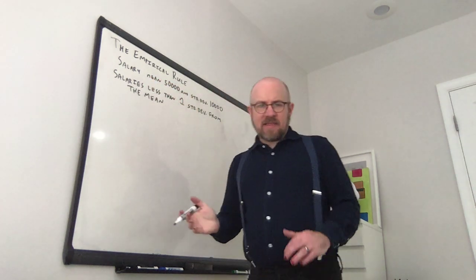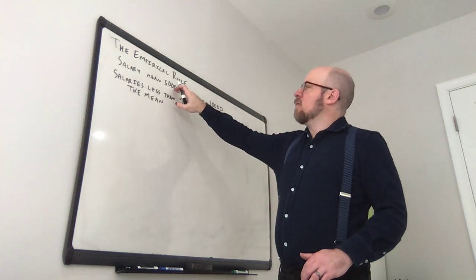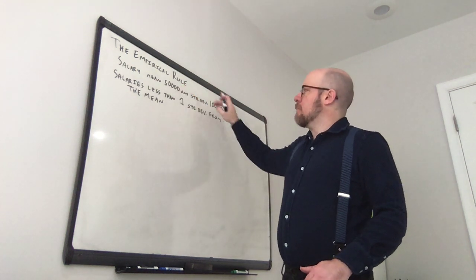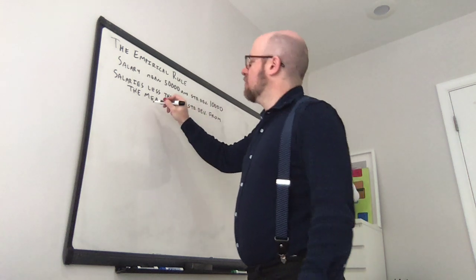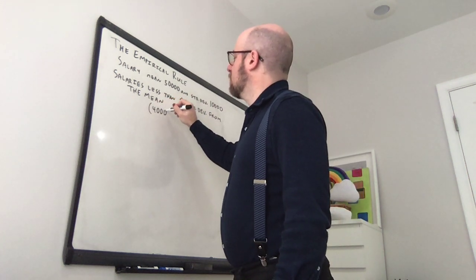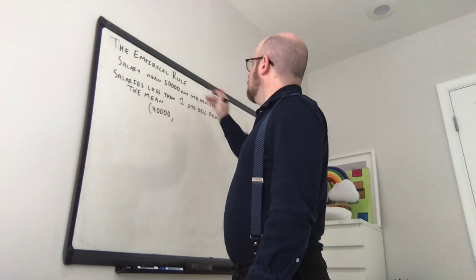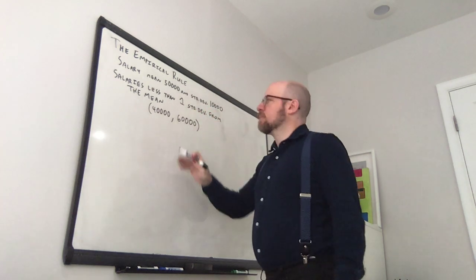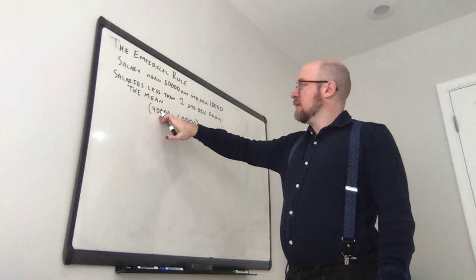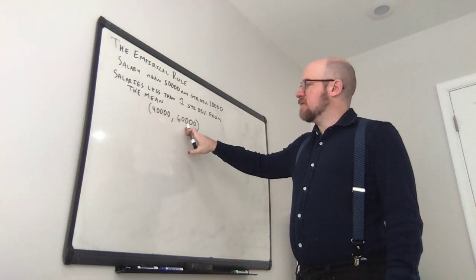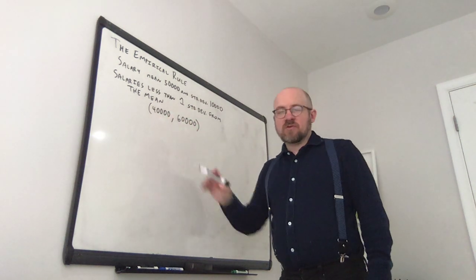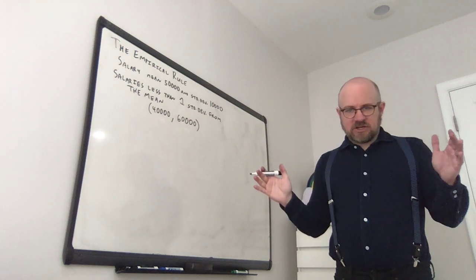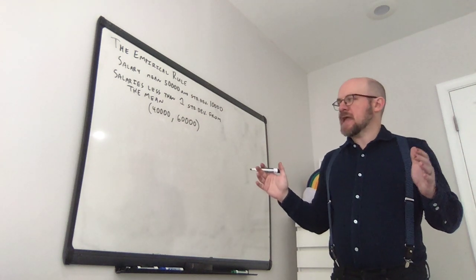remember when we talked about that language, that means 50,000 minus one standard deviation, so from 40,000 to 60,000. Okay? So 50,000 minus 10,000, 50,000 plus 10,000. So salaries less than one standard deviation from the mean would be in this range.